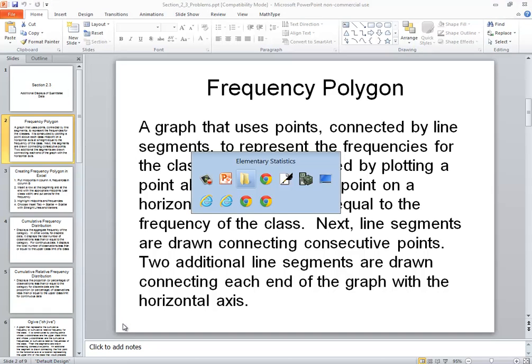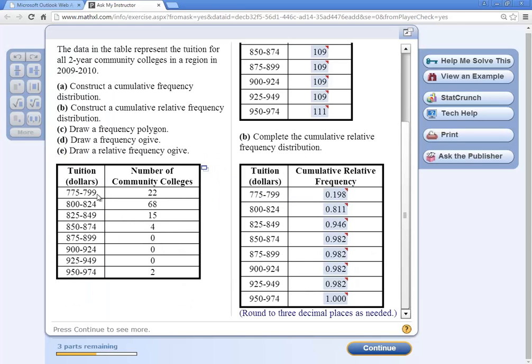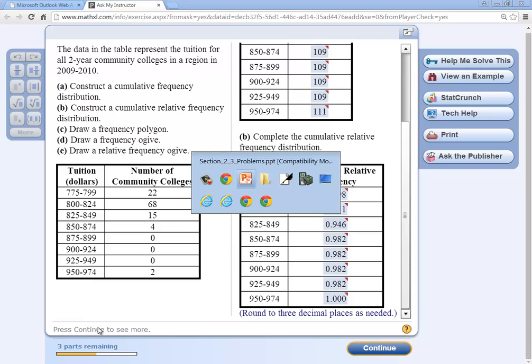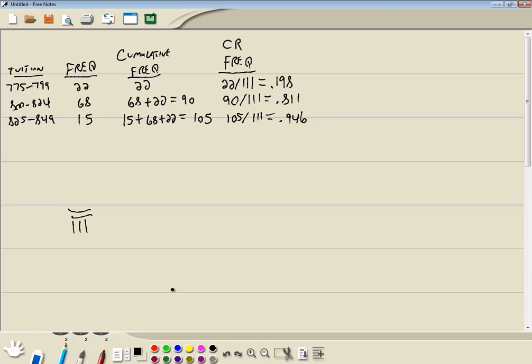So we've got this range right here. For our midpoints, let me erase this to make room. The convention this book uses is you take the lower class limit plus the next lower class limit, divided by 2.